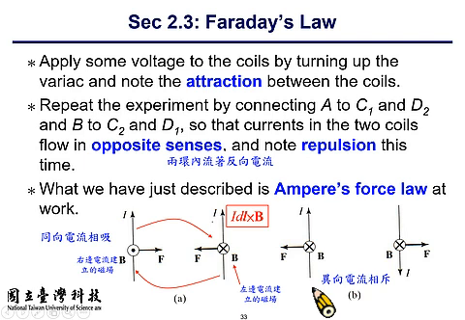On the other hand, if the currents flowing in the two coils are of opposite direction, it will produce some repulsive forces. Okay, so loops of opposite current direction repel each other, right?